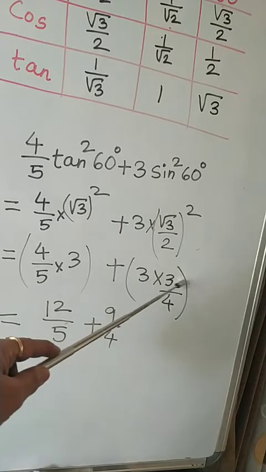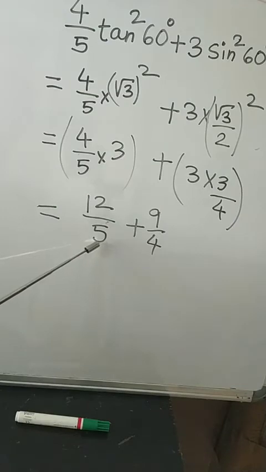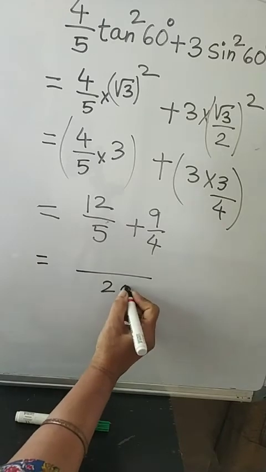So 3 threes are 9 upon 4. So here you have 2 different fractions with two different denominators, 5 and 4. So we need to find LCM of 5 and 4. LCM of 5 and 4 is 20.